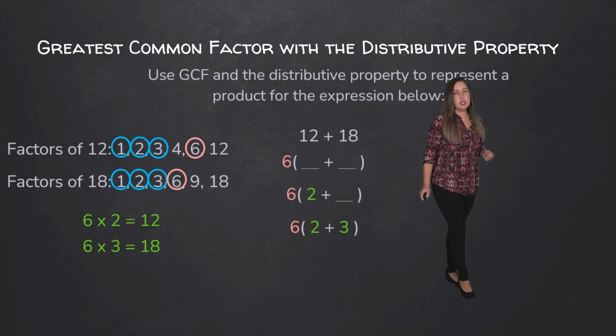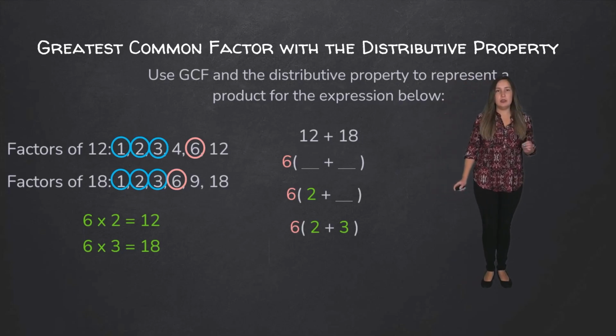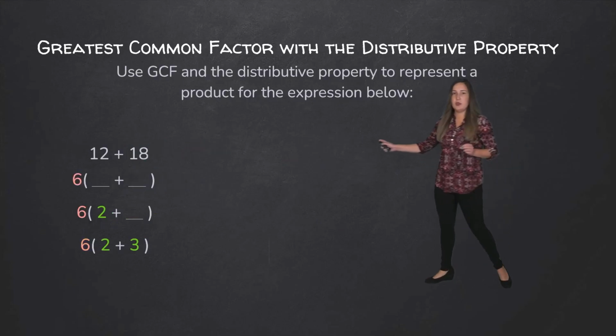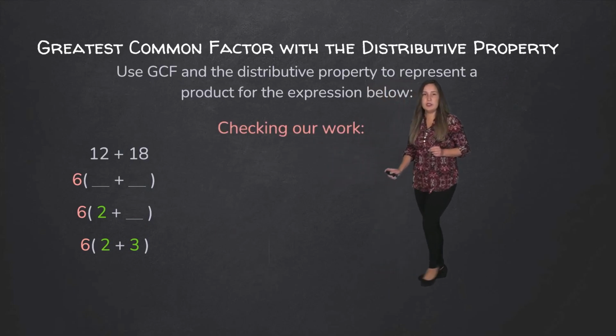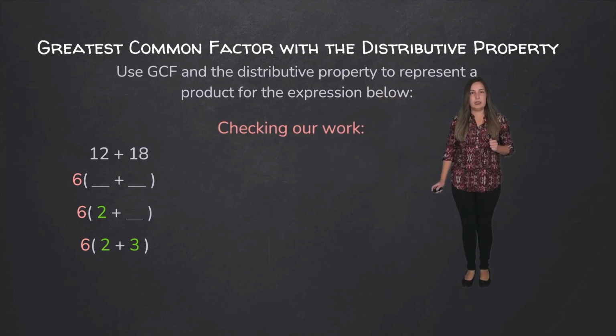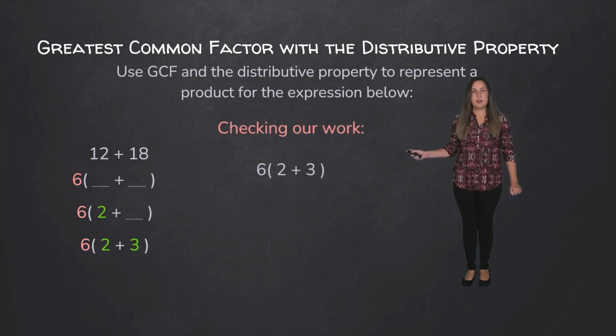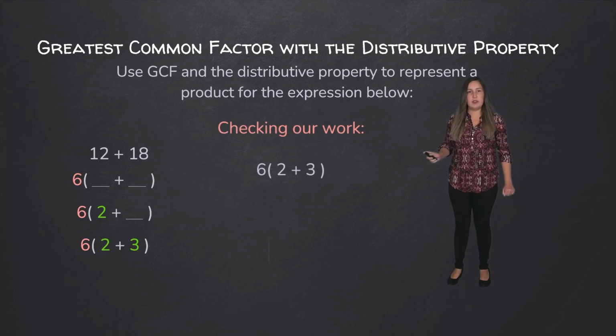But in order to make sure we have the right answer, let's check our work. So I've moved our work to that side, and we are going to check our work to see if we did it correctly. So we know that 12 plus 18 is equal to 6 times 2 plus 3, but let's make sure that's correct.